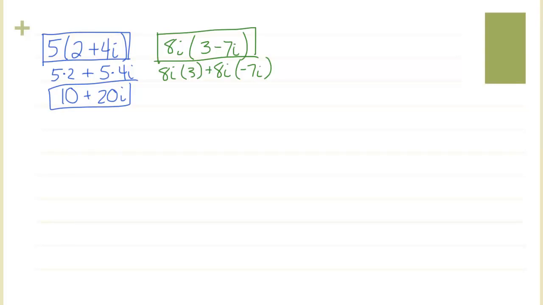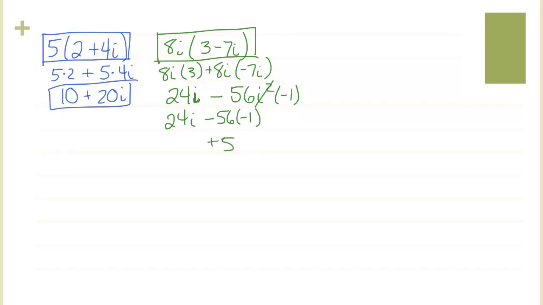So now I've got this imaginary term in front, 8i times 3. Make sure we know that's an i. And then I've got negative 56i squared. Well, we said we can never leave that i squared as an i squared. We're going to replace it with negative 1. So I've got 24i minus 56 times negative 1. I know I'm just repeating that, but I want to make it very clear what I'm doing.